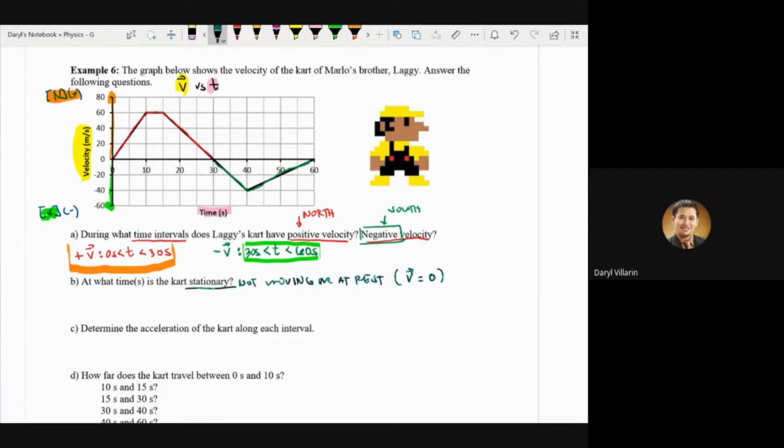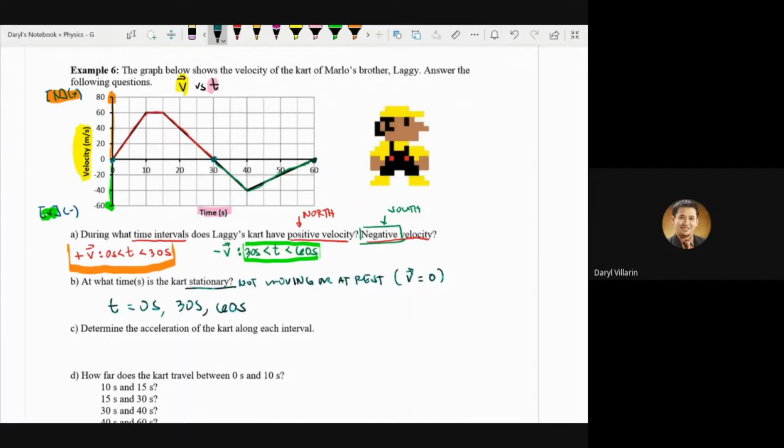If you just try to locate, that would be somewhere here, 1, 2, and 3. So therefore, time is equal to 0 seconds, 30 seconds, and 60 seconds. Okay. So the object is not moving at those instances.